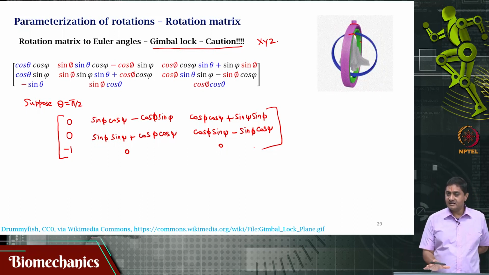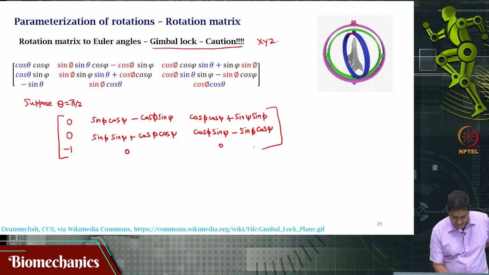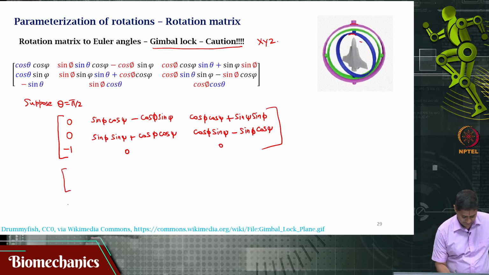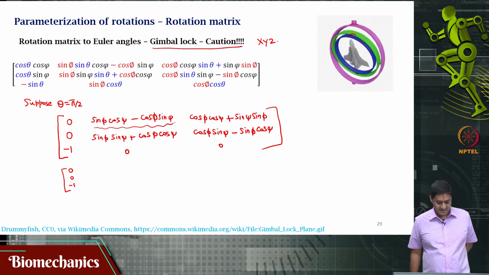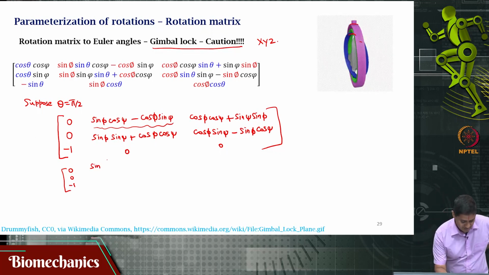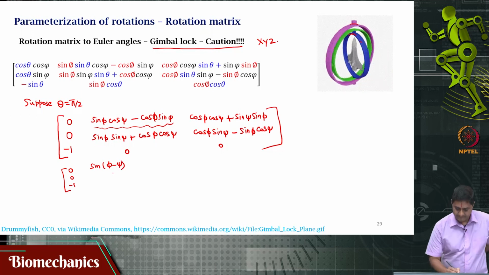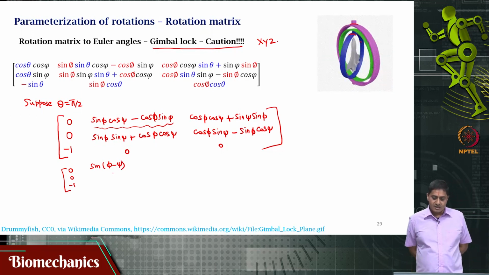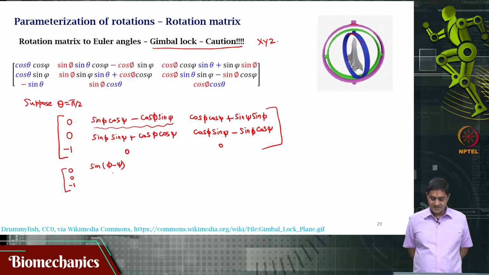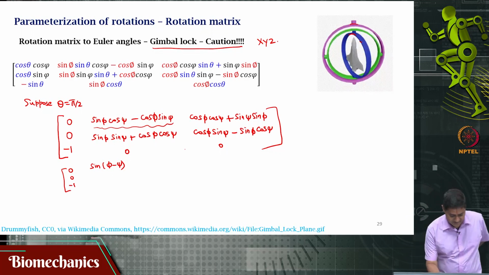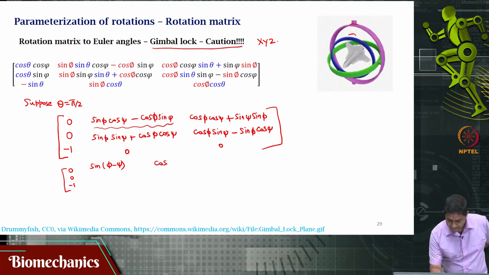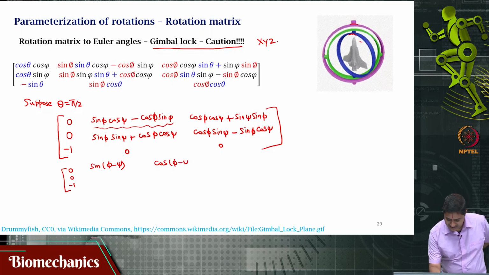Let me apply the trigonometric identities that I know here. What would that be? That would be 0, 0, minus 1. This one, what is this? This is sin phi cos psi minus cos phi sin psi, that is sin of phi minus psi. The next one is cos phi cos psi plus sin phi sin psi, that is cos of phi minus psi.